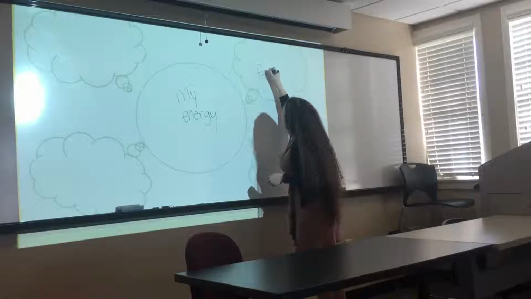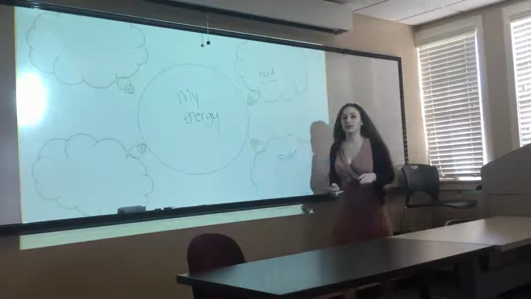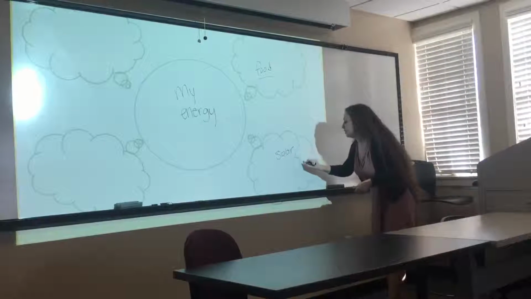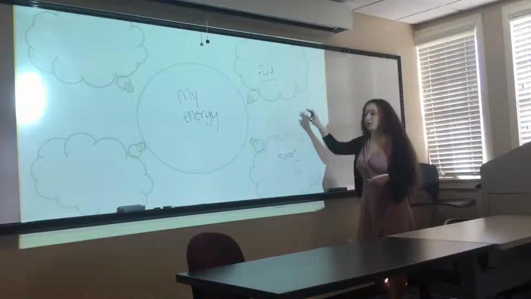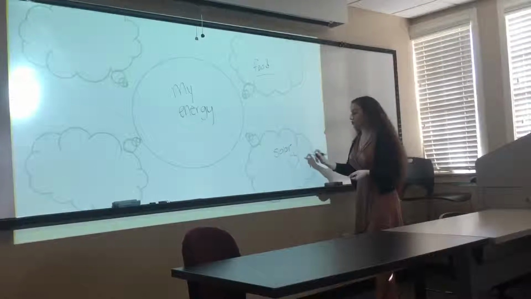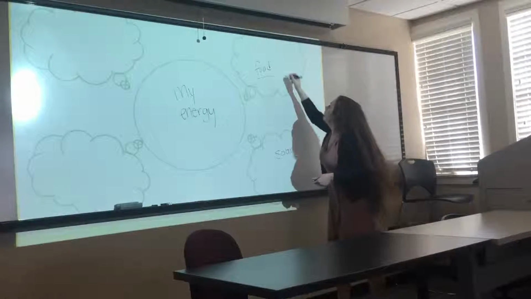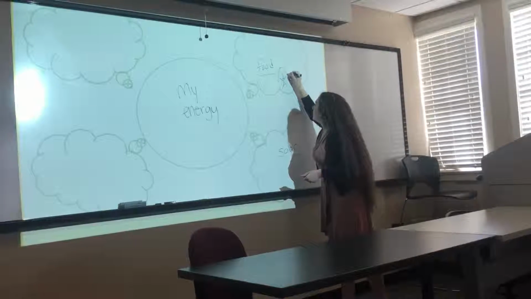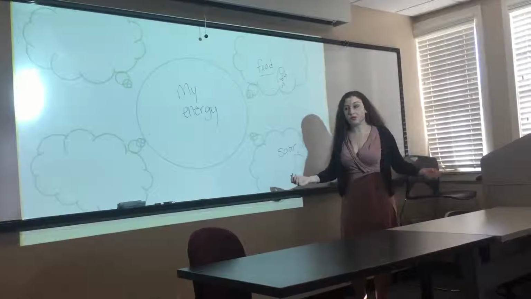Some of us might say food. That's very important. So for this one, to help us remember solar, I'm going to draw a little sun. And in your version that you have at your desk, you can also take these notes in these areas and draw a picture to help you remember what the term was. For this one, I'm going to draw myself eating a taco, because that will help me remember food.